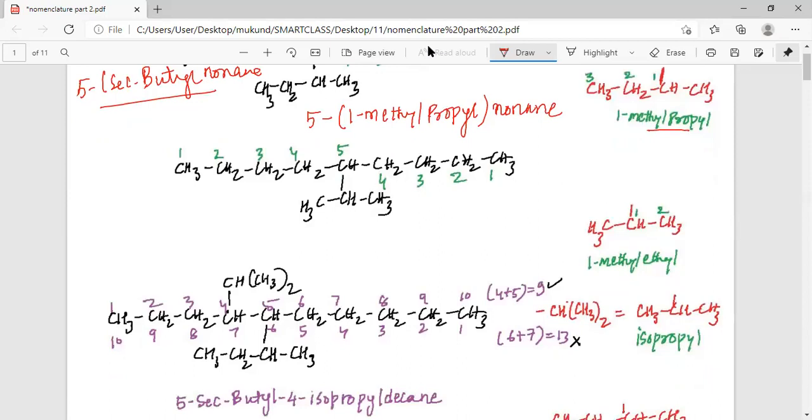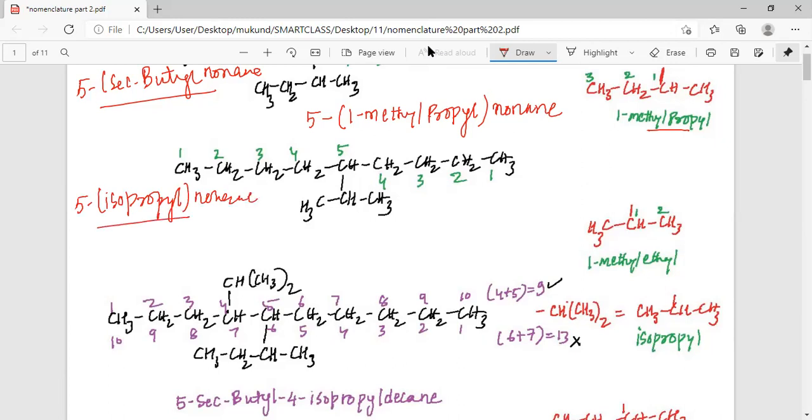In the same way, my dear students, here if you look into this compound we have called it 5-isopropyl nonane.